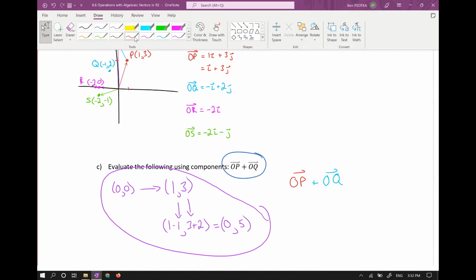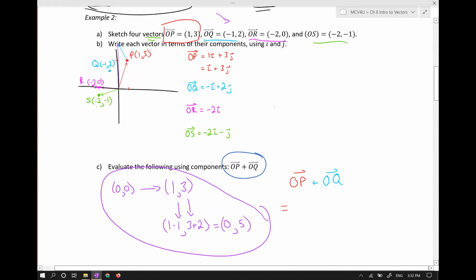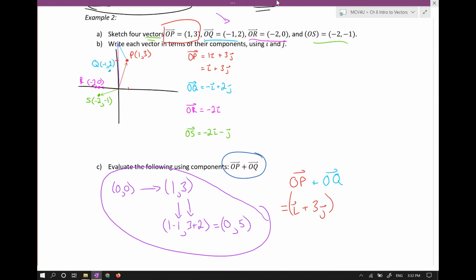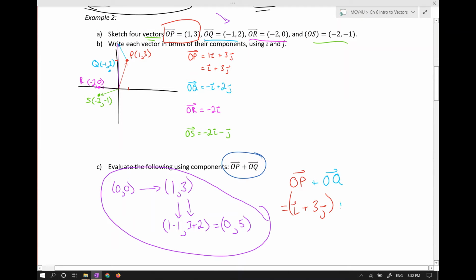So let's use that information, our understanding of their components, what we did in section B. OP, I know, is i plus 3j. And then I can add OQ, which is -i plus 2j.